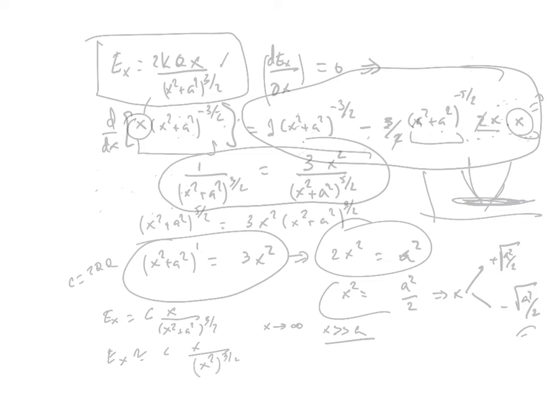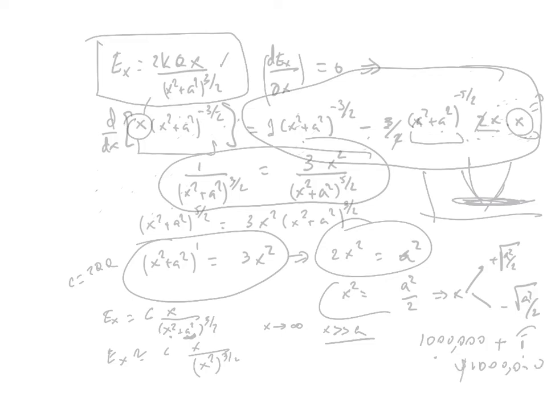In some way what we have done is, because a is very small, we have neglected a against x, because x is very big. It's like saying I have $1 million on one side and $1 on another side. I'm saying that $1 million plus 1 is $1 million. It's the same thing.